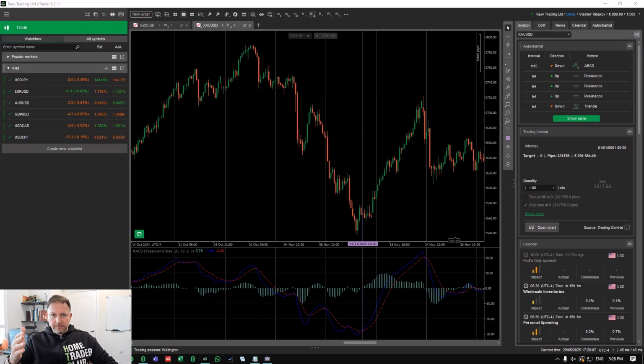If it's Bollinger Bands, look for the bounces of the Bollinger Bands. If it is the moving average or the MACD, like I was showing here, or the histogram of the MACD, what you will want to do is to see the histogram ticking or the moving average ticking in the trend direction.